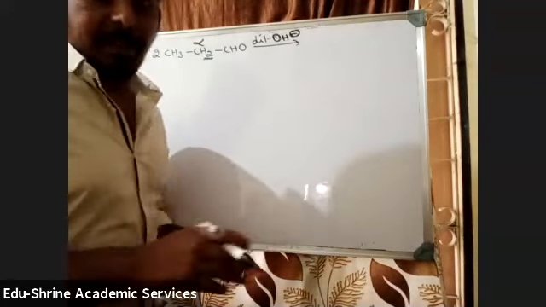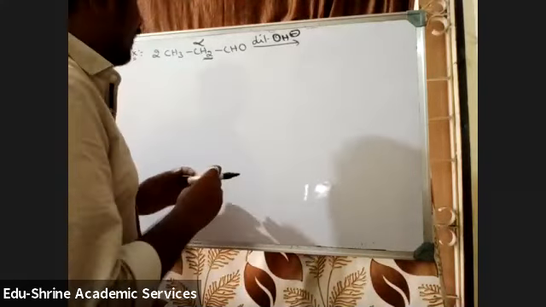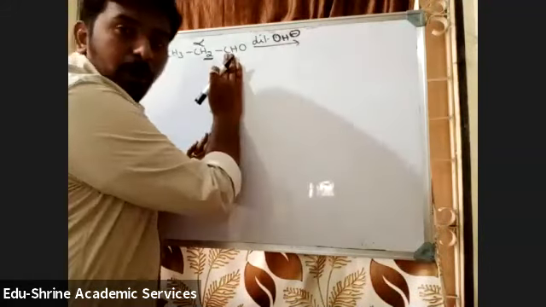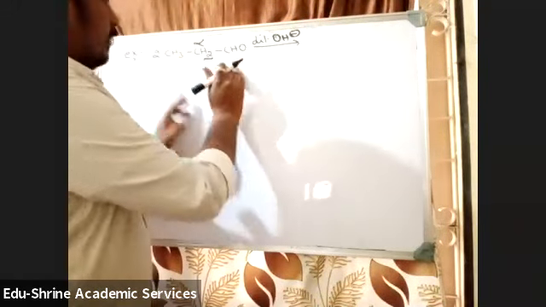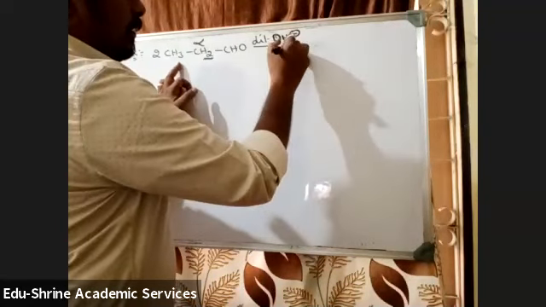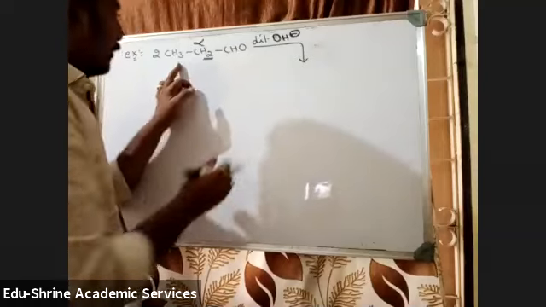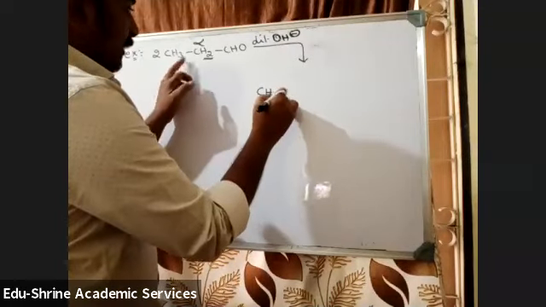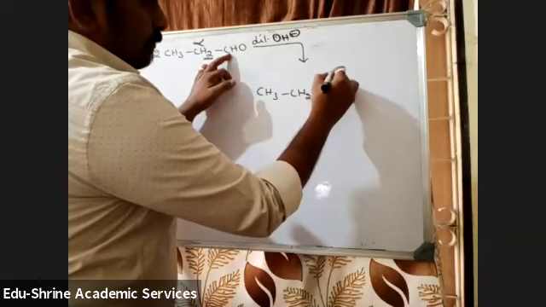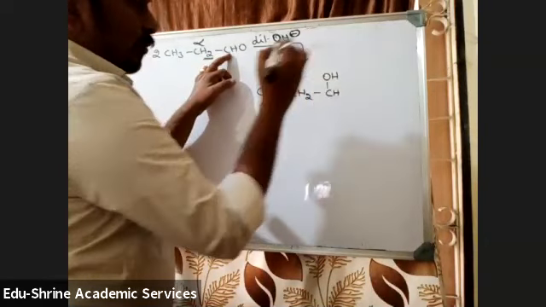Okay, now see here. How will you get the product here? Let me take one aldehyde where the C double bond O group is converting into alcohol. So you will get CH3, let me take the arrow mark this way, CH3, CH2, C double bond OH will be converted to CHOH.